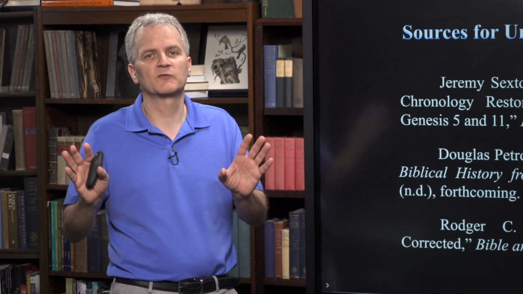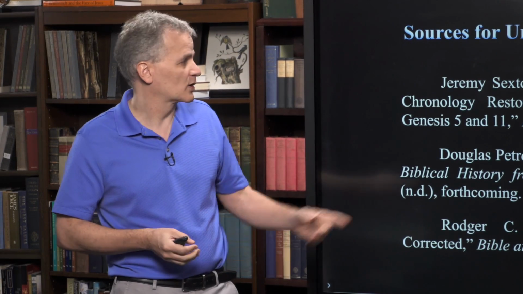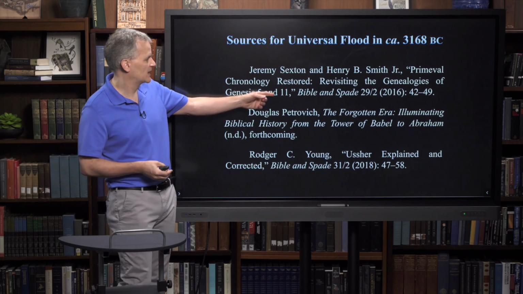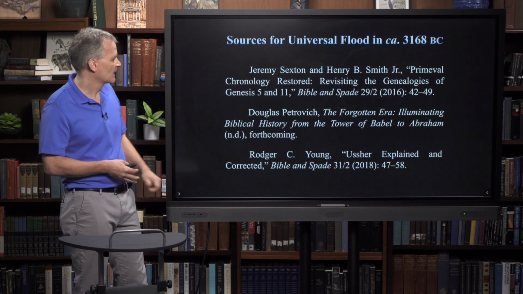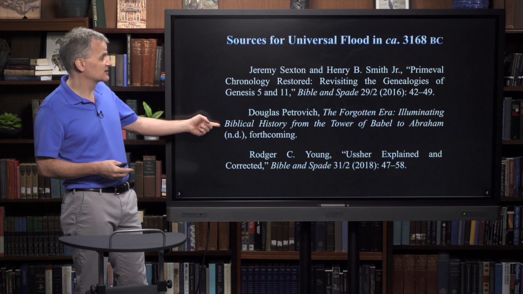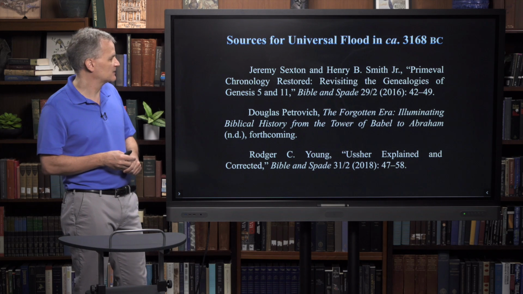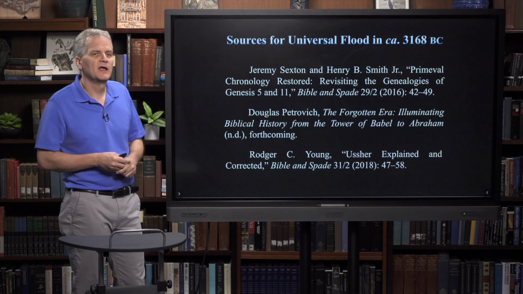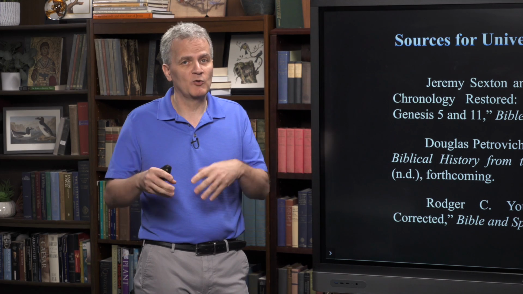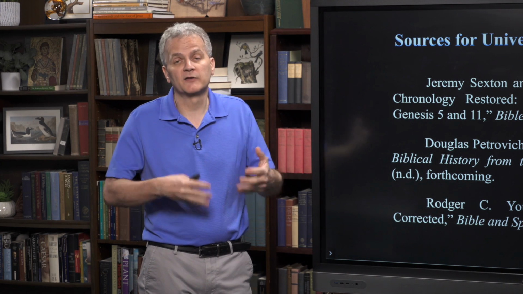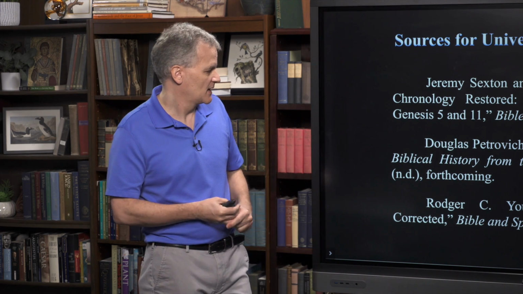So he took that and ran with it and worked with Jeremy Sexton and made up this article. Now, I'm going to deal with this myself in a book that's not yet completed called The Forgotten Era, Illuminating Biblical History from the Tower of Babel to Abraham. And in that book, I will have my understanding of these issues.